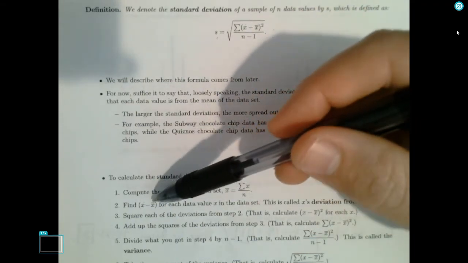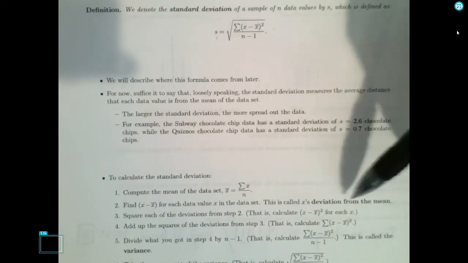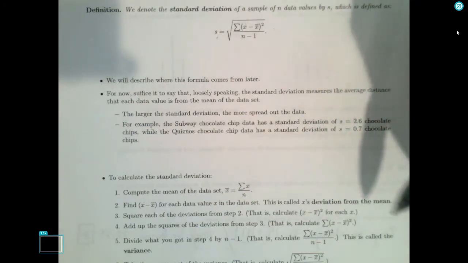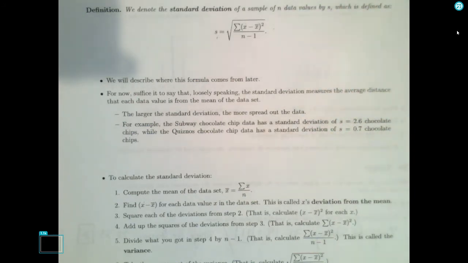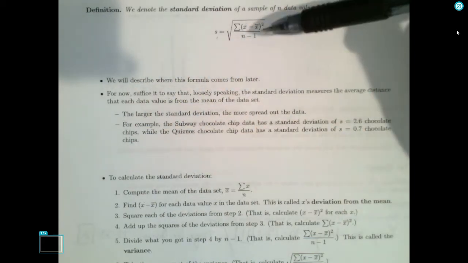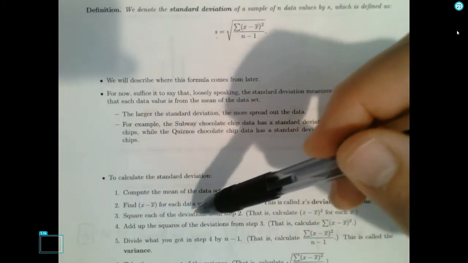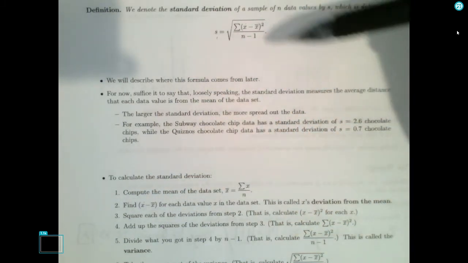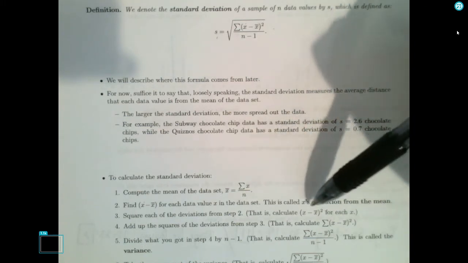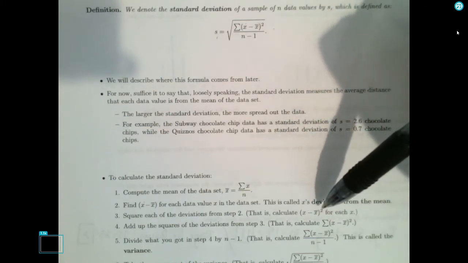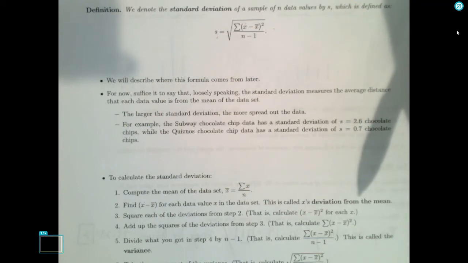This is called x's deviation from the mean. Then we square each of the deviations from the mean, calculating x minus x bar squared for each data value x.